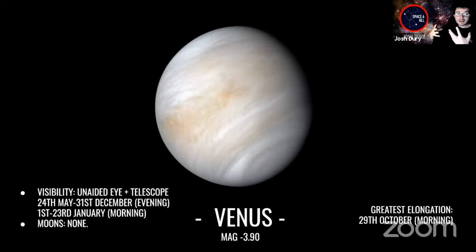This planet doesn't have any moons, and its greatest elongation, which is the highest it will appear in the sky, will be around the 29th of October. So then will be a really good time to have a look, and you'll be able to see it very clearly in the night sky for a long period of time.